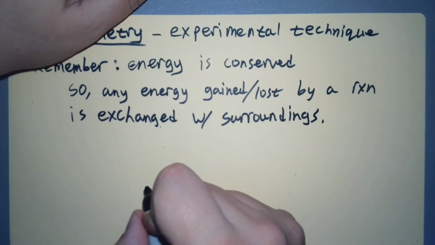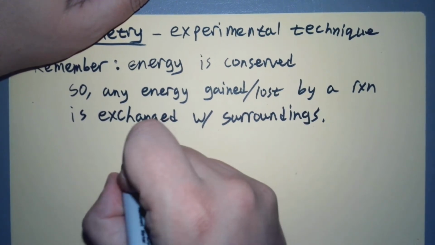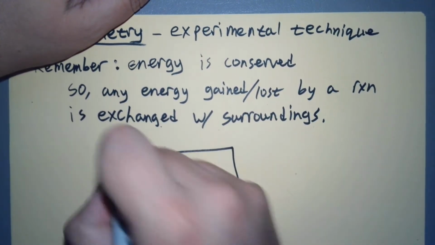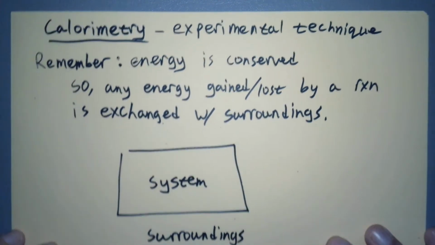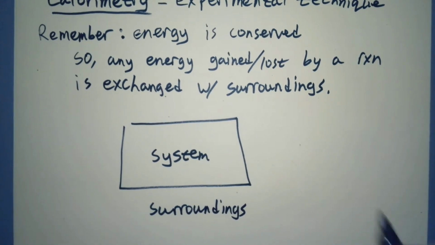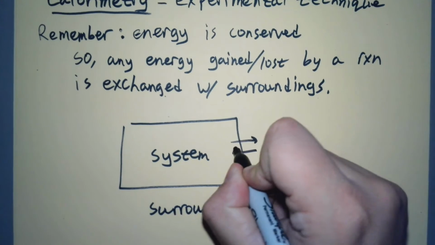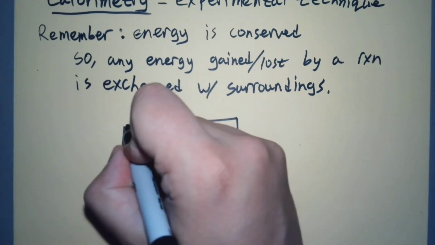And so what we have is what we call a system-surroundings framework. Okay, and so what we have is that we've got the surroundings surrounding our system, right?